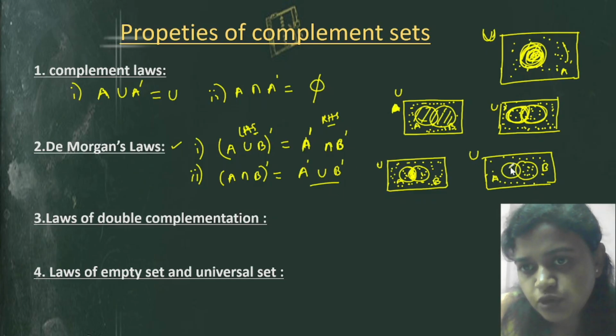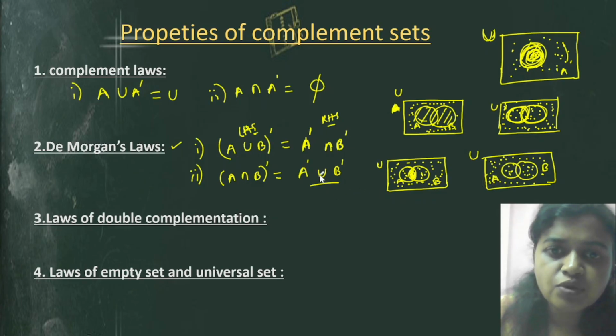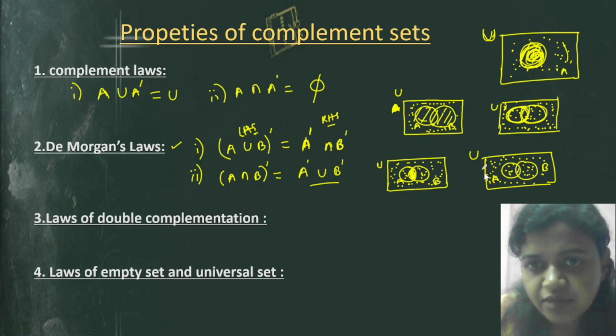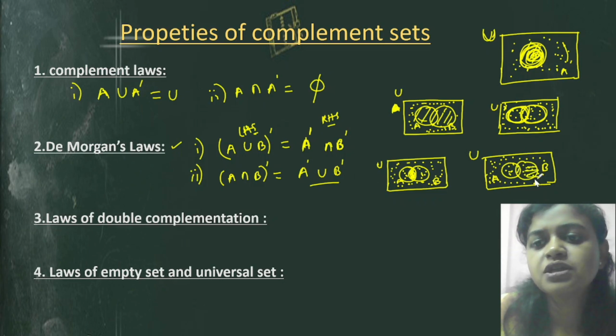Removing the B portion will get this portion. Clear? So their union means what? Their union means this remaining portion, this portion and this portion, excluding this one.